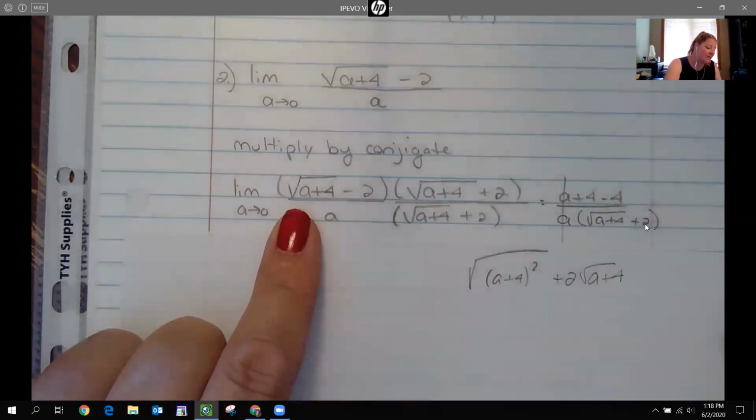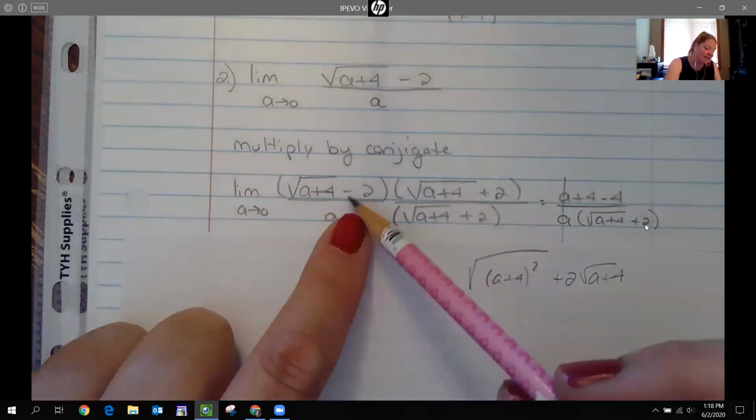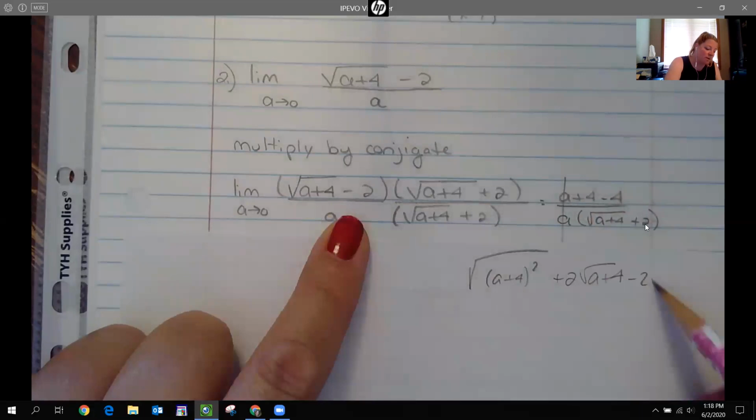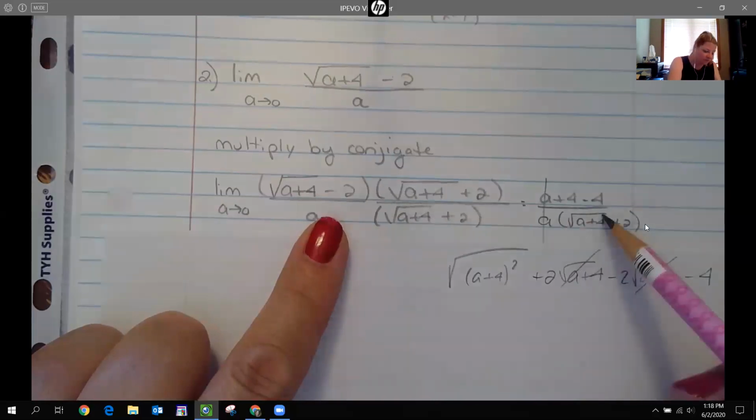Then negative 2 times that is a negative 2 square root a plus 4, and negative 2 times 2 is a negative 4. So these two will cancel each other, and the a plus 4 minus 4 leaves a. Okay, these make 0 right here.